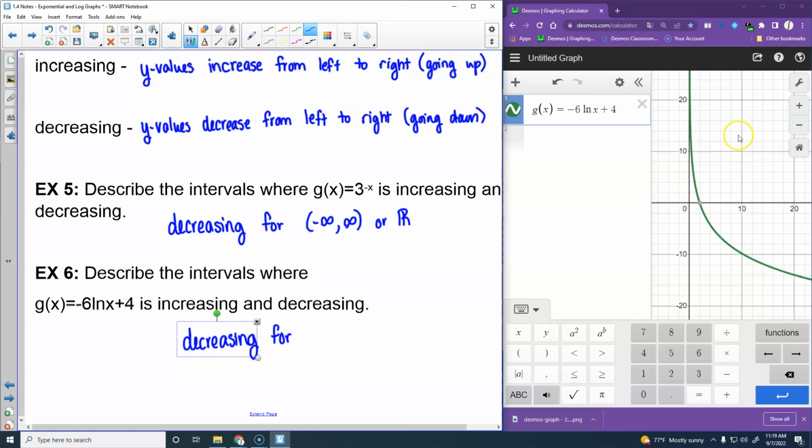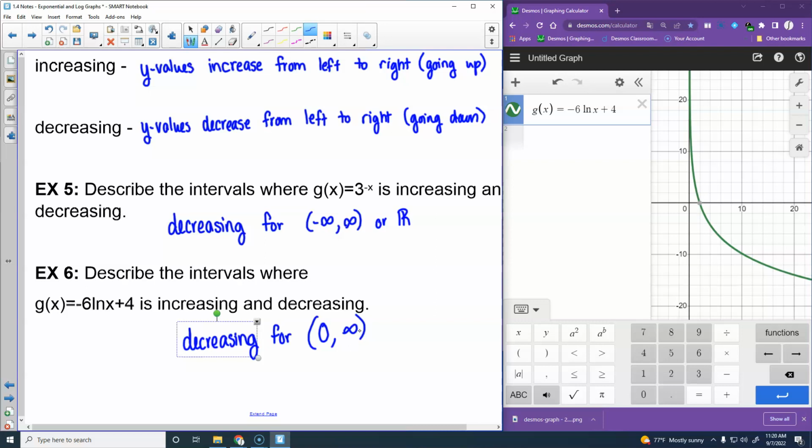What is our domain here? It is 0 to positive infinity. Again, it might seem backwards to you to say 0 to positive infinity whenever it's going down to negative infinity. But when you start thinking it's going down or it's going up, you're thinking y values. That's not what we report. We're thinking about right here at 0, all the way on the x-axis over here forever, which is positive infinity.